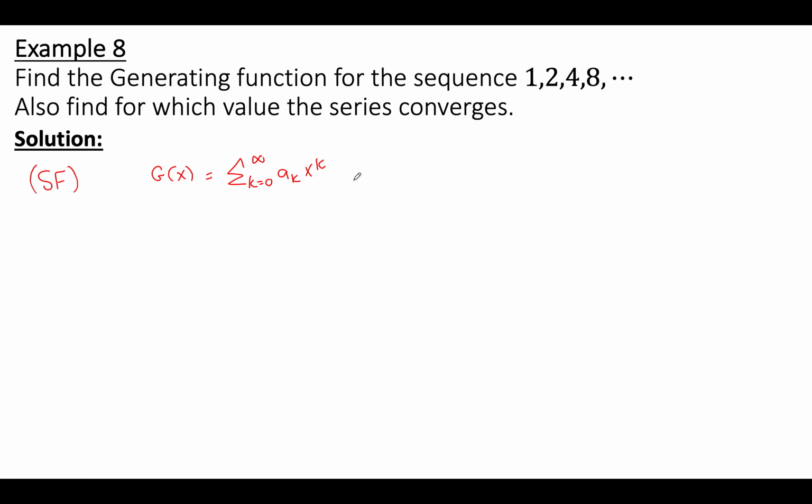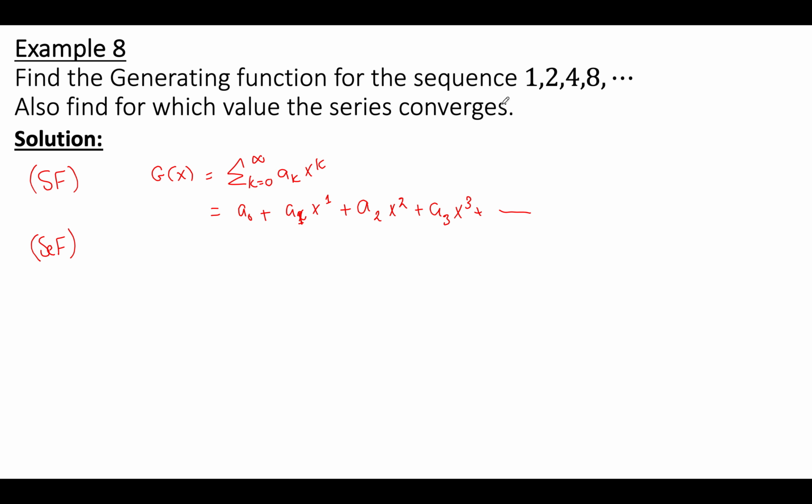Okay, and this produces the series form. The series form produced by the summation form is a0, a1 x to the power 1, a2 x to the power 2, a3 x to the power 3, and so on.